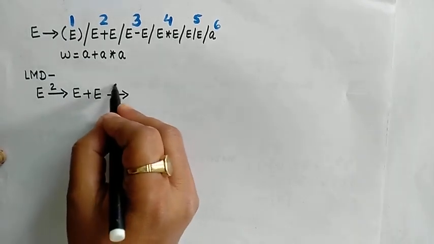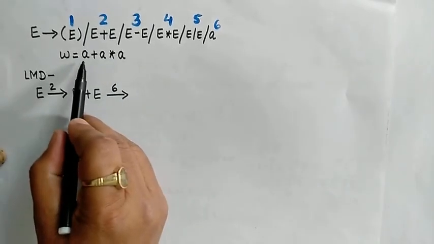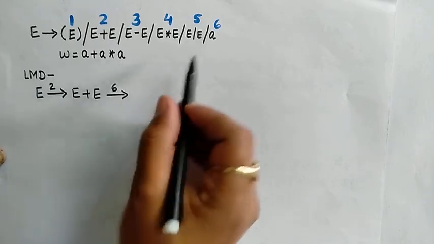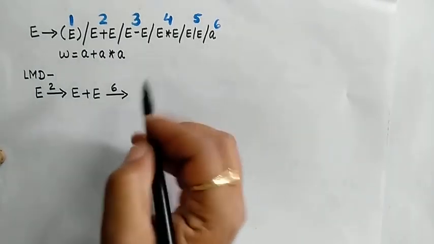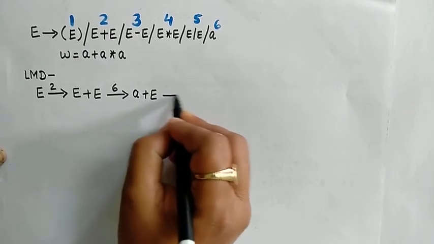Applying production number 6, since we need to derive a, we use the production E to small a here. So it will be a plus E now.